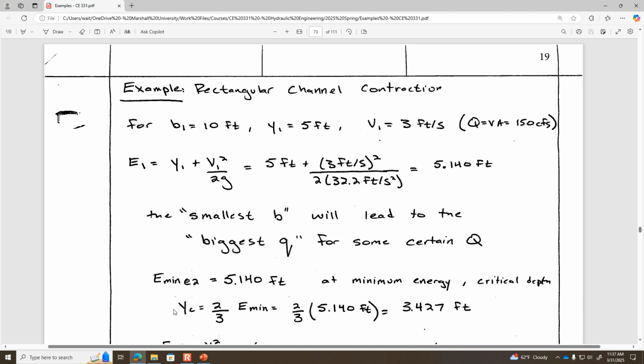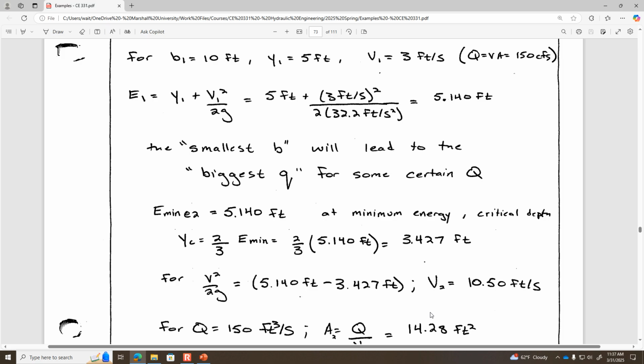The critical depth is 2/3 of that, and the velocity head would represent 1/3 of the minimum specific energy. It would be flowing at the critical depth just before choking. Since the critical depth is 2/3 of the specific energy, the remaining energy would be equal to the velocity head, so we can solve for the velocity.